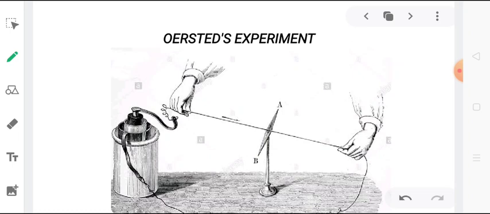The often reported story that Ørsted made this discovery incidentally during a lecture is a myth. He had in fact been looking for a connection between electricity and magnetism since 1818, but was quite confused by the results he was obtaining.